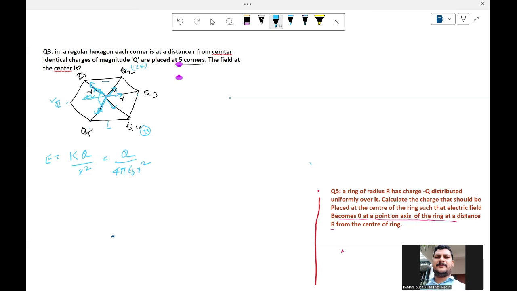So here you have to find the resultant of this field and this field: root over field 1 square plus field 2 square plus 2 field 1 field 2 cos theta. That is what we apply.